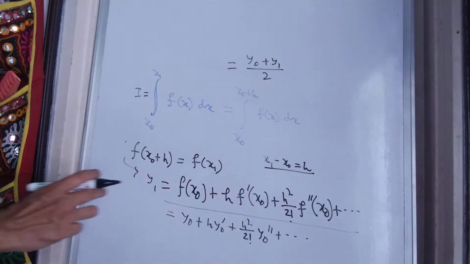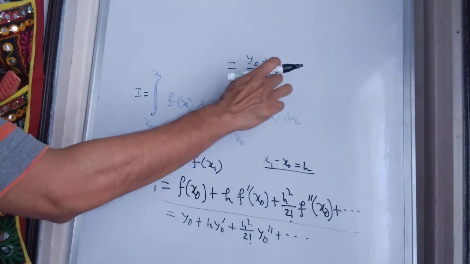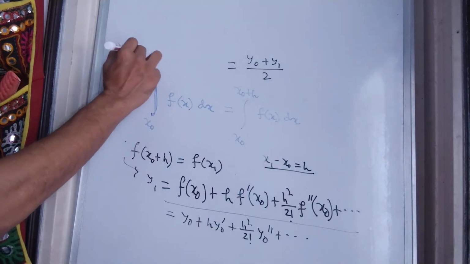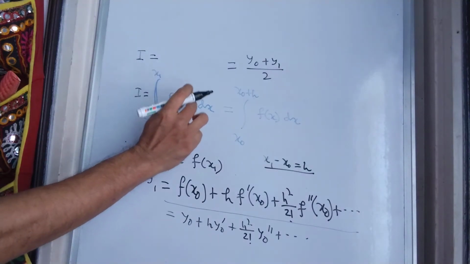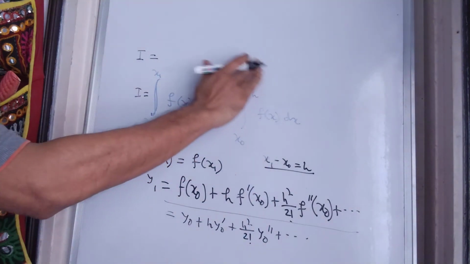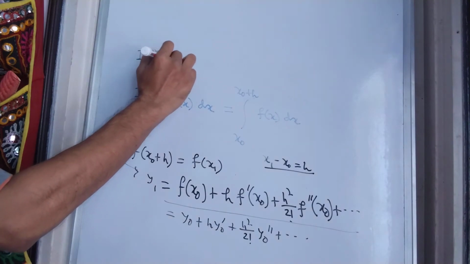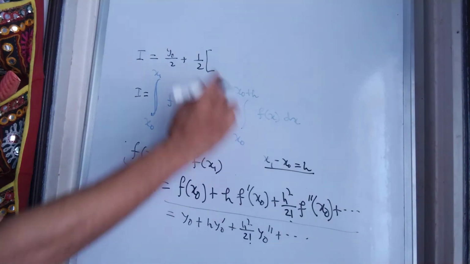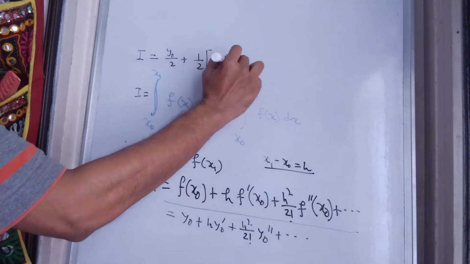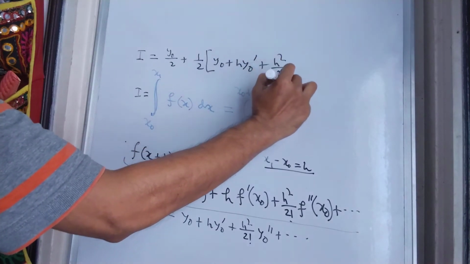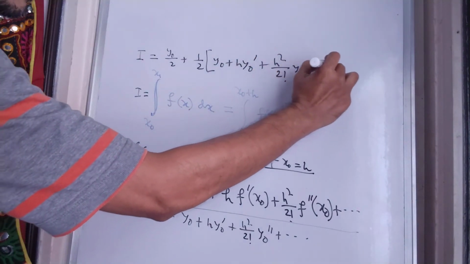So if we substitute this value of y1 here, we may easily find that the value of I turns out to be y0 by 2 plus half of this y1, which is nothing but y0 plus h y0 prime plus h square by factorial 2 y0 double prime plus dot dot dot.